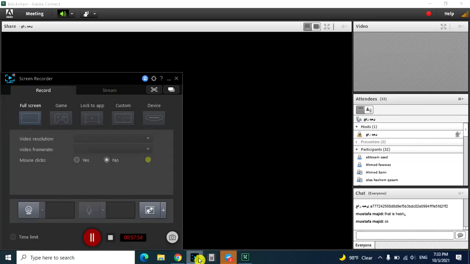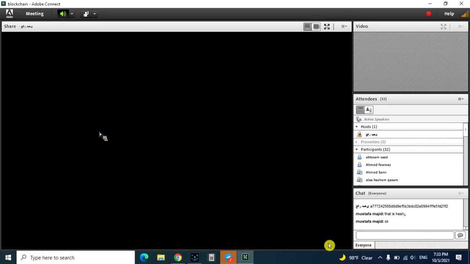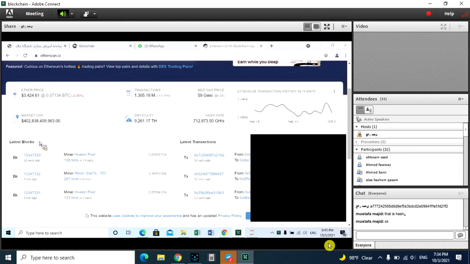Okay, this is the Ethereum blockchain explorer. Here are the latest blocks, each block, and also this part. Can you see this part? Newly created transactions.